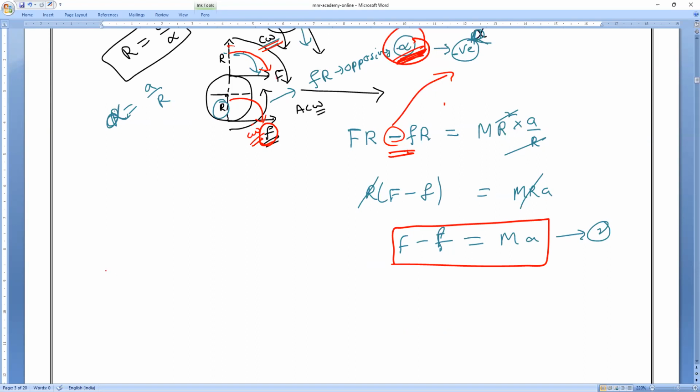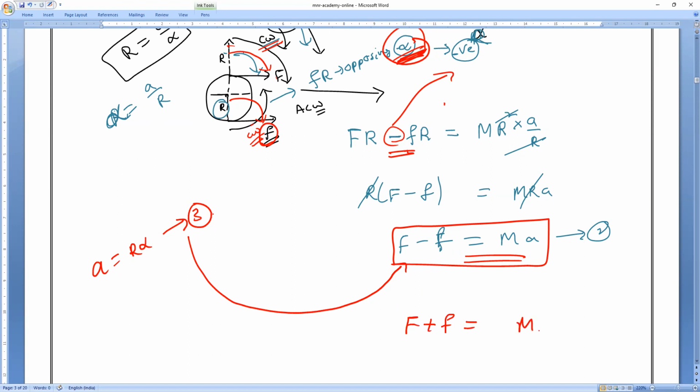Now, the third equation. We all know that A is equal to R alpha. This is equation number 3. Substitute equation 3 in equation 2. Oh, sorry, already substituted. So we get F minus f is equal to MA. Now we have three equations in total. The first equation is F plus f is equal to MA.